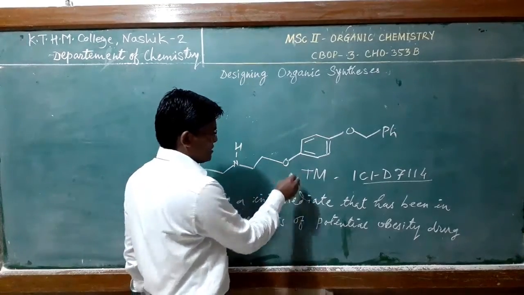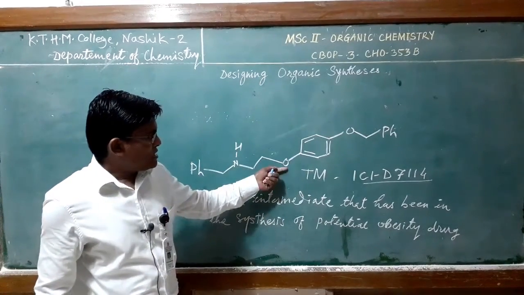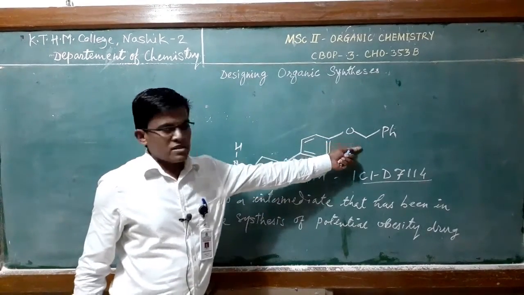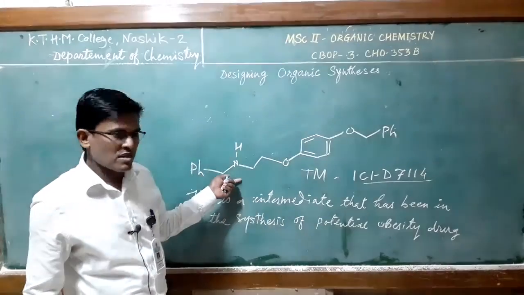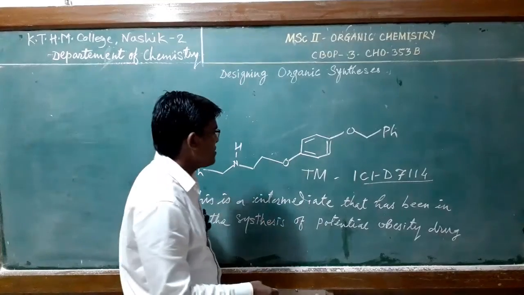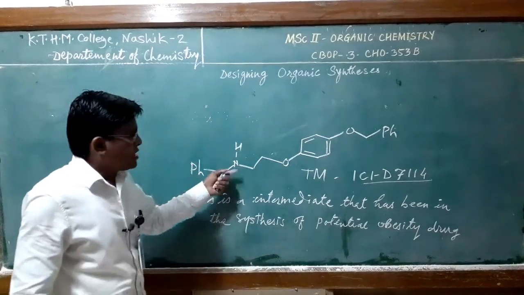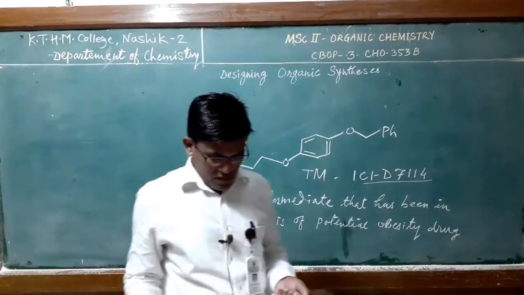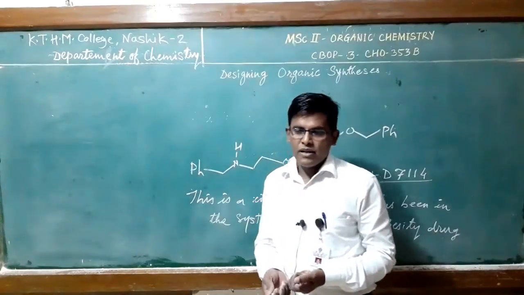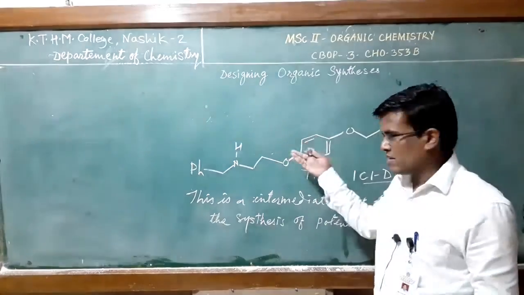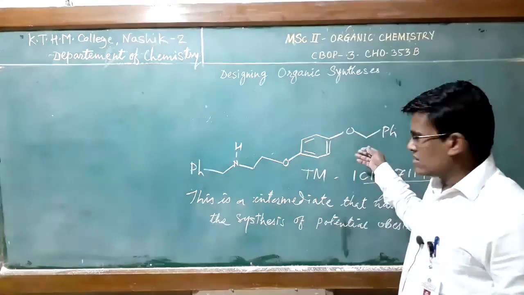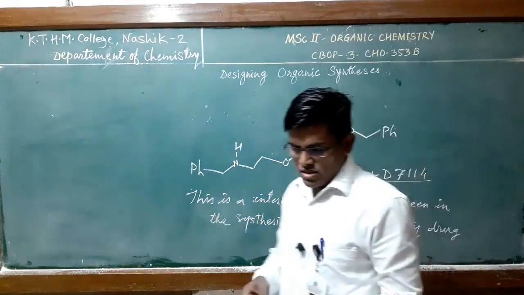Here you can see there are two ether functional groups present and one amino functional group. Now we have to find out how many disconnection possibilities are present in it.